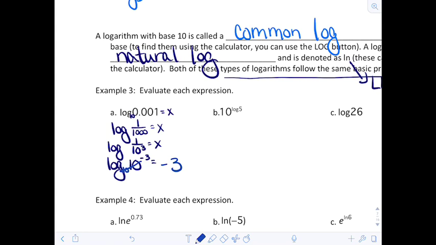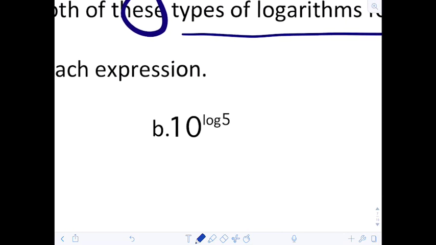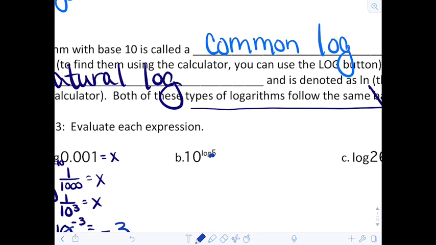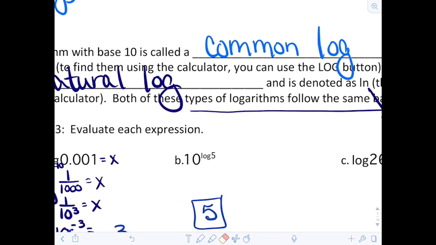Letter B, 10 raised to the log of 5. It does not say it, but this base is 10. So if the bases are the same, my answer will just be 5. If you forget that principle or that rule and you're not sure, you can always write this exponential as a log.